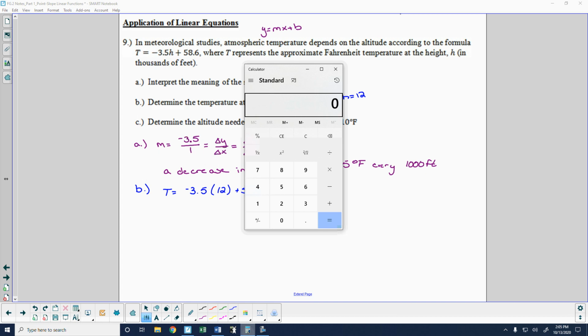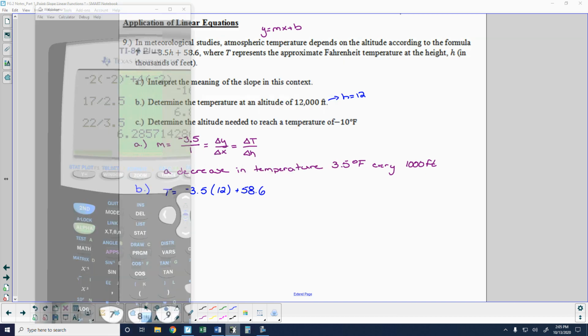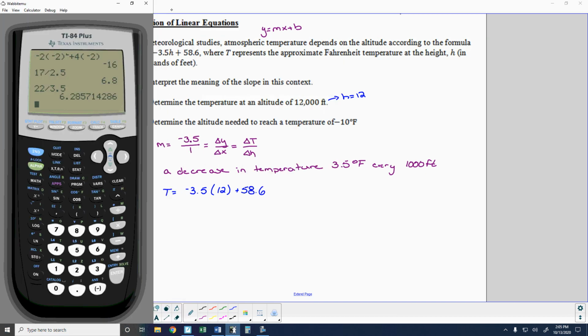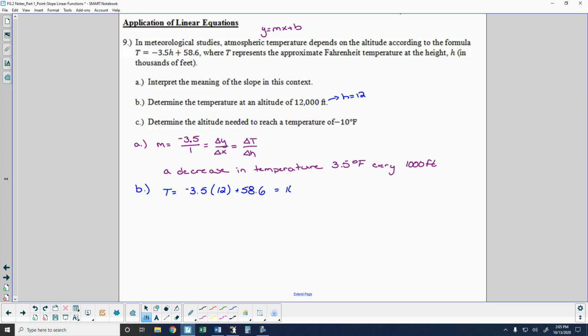You could do this by hand if you wanted to, but let's go ahead and pull out that graphing calculator. So what we have is negative 3.5 times 12 plus 58.6, and we get a total of 16.6. So the temperature is going to be 16.6 degrees Fahrenheit at 12,000 feet. So we want to make sure we add some context back into that equation.